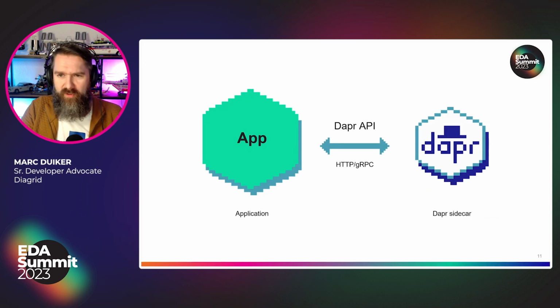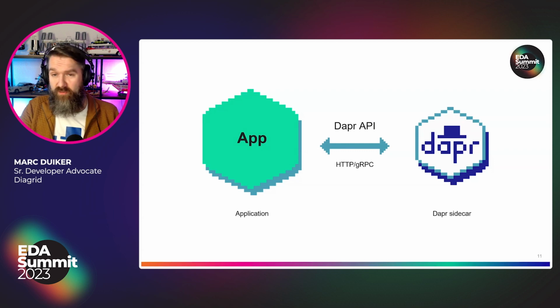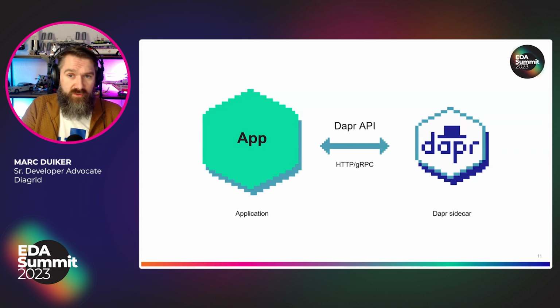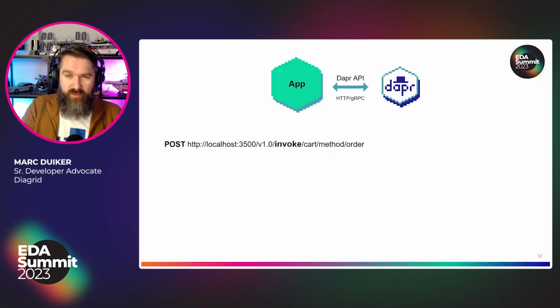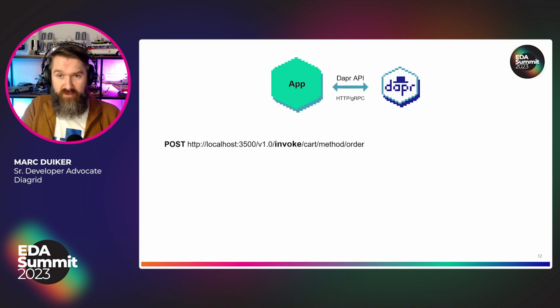So here's an example of how the communication works between your application and dapr, because dapr is using a sidecar model. So your application is talking to this sidecar. And you can do that via straight HTTP calls or gRPC. Here are some examples of using the different APIs. For instance, if you want to invoke a method on another service, you can use this invoke endpoint.